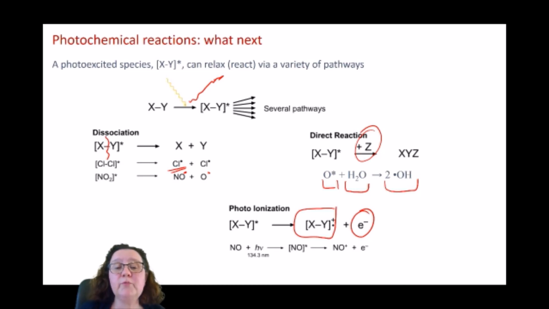And here we've got the example of how nitrogen monoxide, with the right solar radiation, with the right wavelength, will achieve an excited state, and it will immediately evolve, because it's an unstable state, to produce the nitrogen monoxide cation and liberate an electron. So as you can see, there are several pathways that our excited molecule can follow, and that's what makes atmospheric chemistry such a rich chemistry, and to a certain extent such a complicated chemistry.